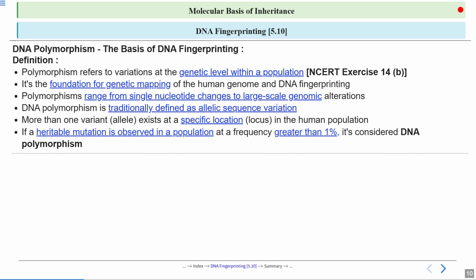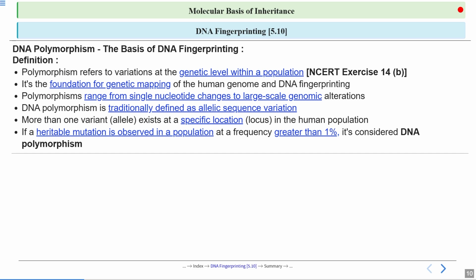It helps in genetic mapping, meaning scientists use these variations to find where genes are located on a chromosome.